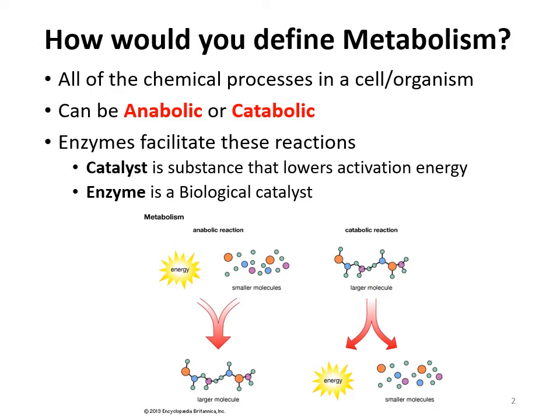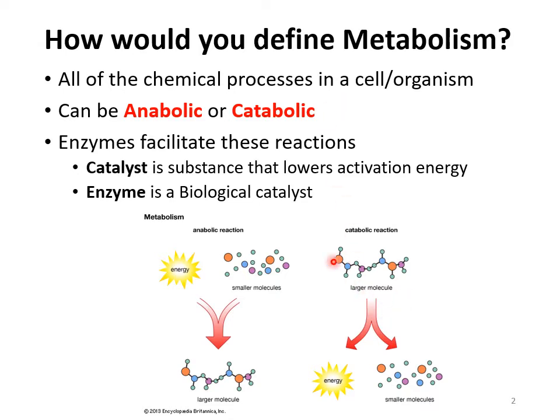Whenever you're trying to think of the difference between anabolic and catabolic reactions, when you see the word catabolic, I want you to picture a cat scratching apart a sofa, right? Just tearing it apart with their little claws. That is catabolic, right? That is a reaction in which you are breaking down large molecules into small molecules.